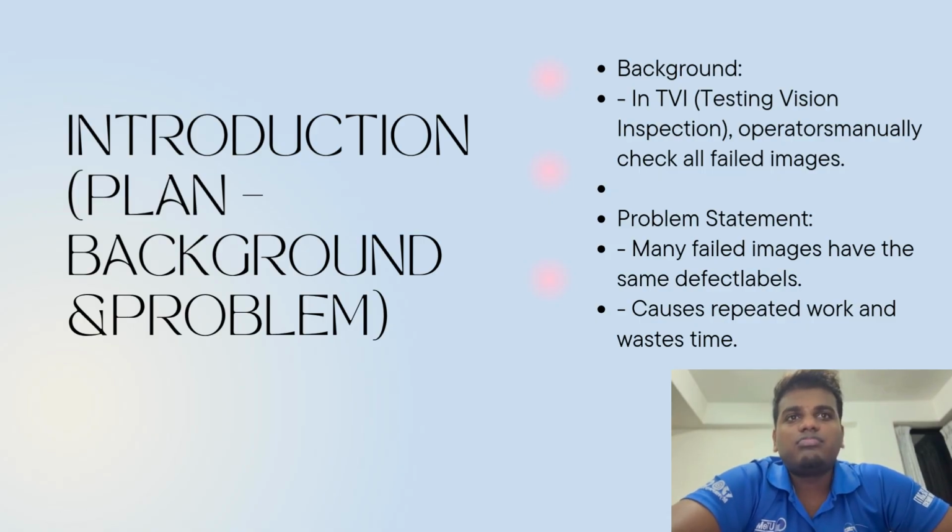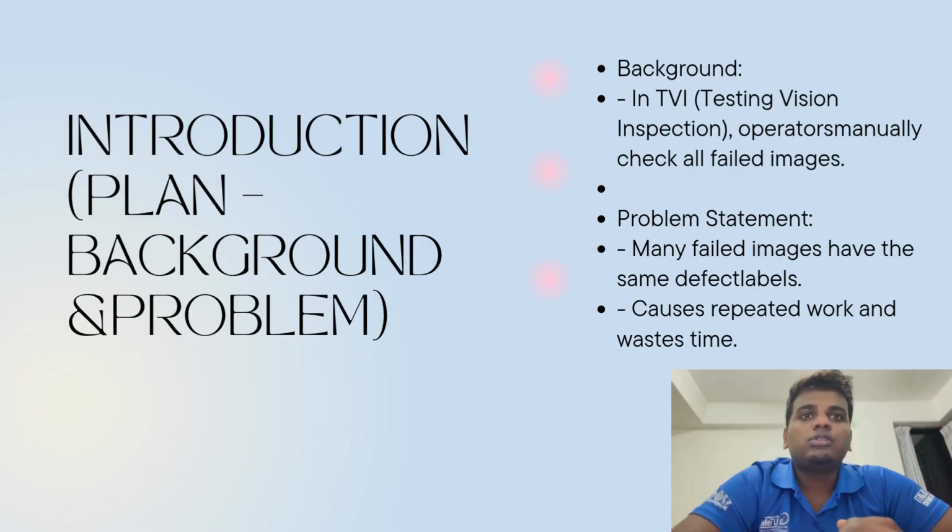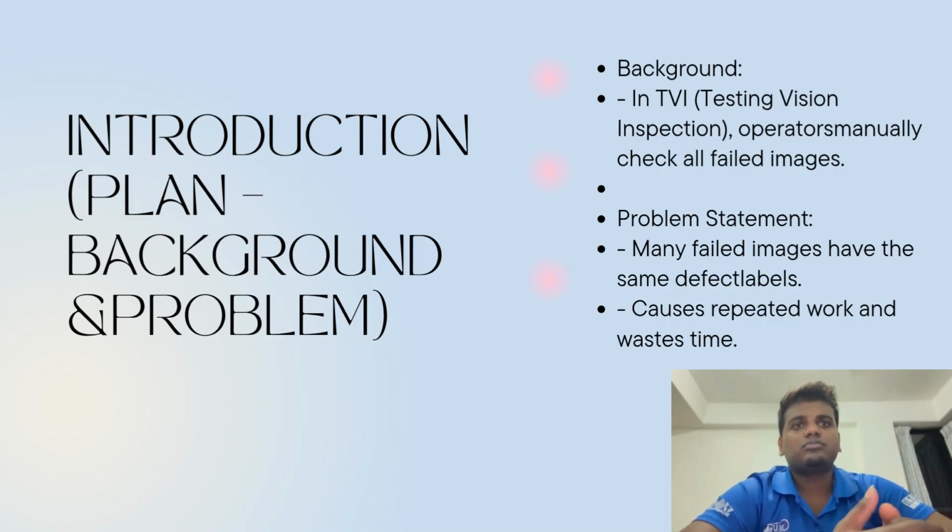So in our testing vision inspection, which is the TVI process, when a unit fails, the image is saved and then manually reviewed by the operator. But most of the time, the defects are the same as previous ones, which means we are wasting time rechecking the same type of issue again and again.